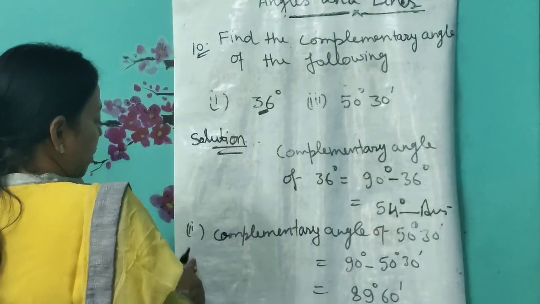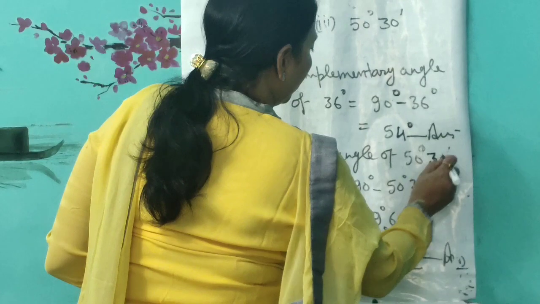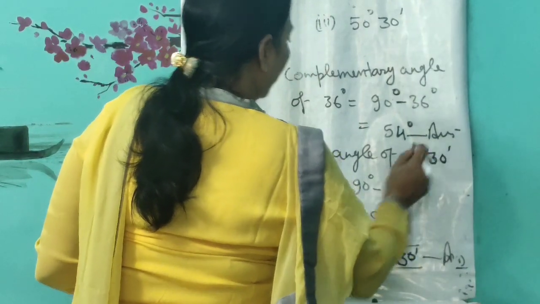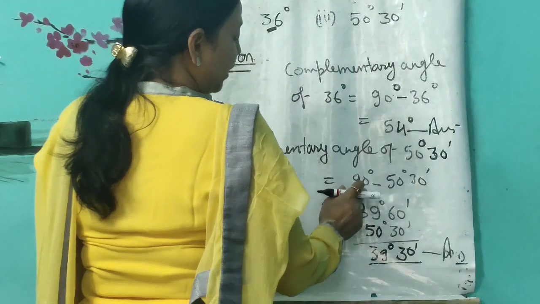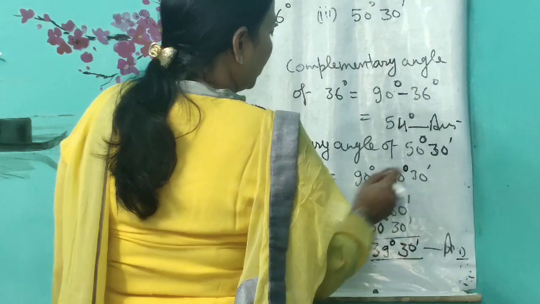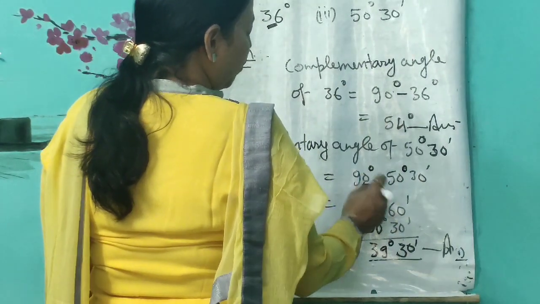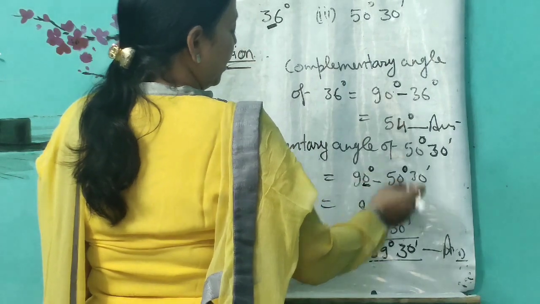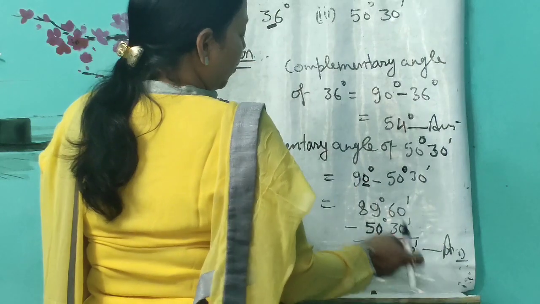Now next example is the complementary angle of 50 degree 30 minutes. Again, to find that, you will subtract it from 90 degree. So 90 degree minus 50 degree 30 minutes. Here you can see 90 degree is given, no minutes value. So we will borrow 1 degree and change it into minutes.